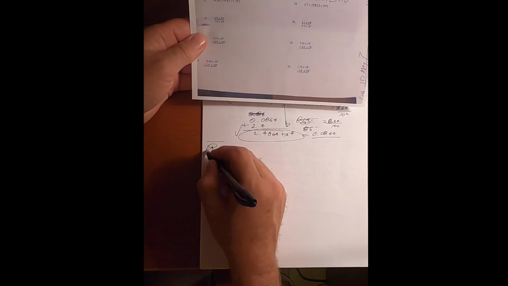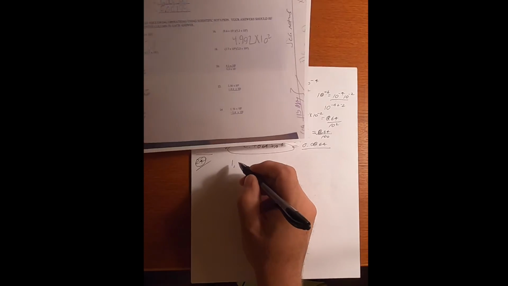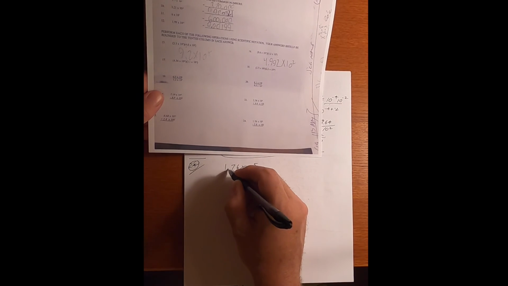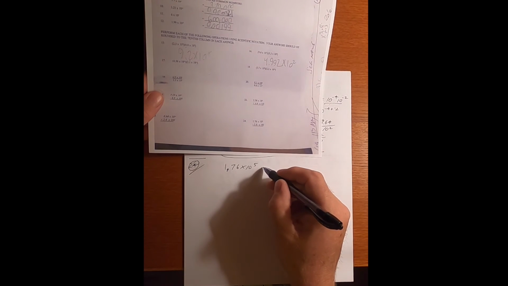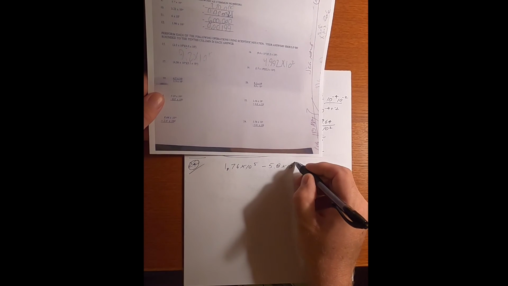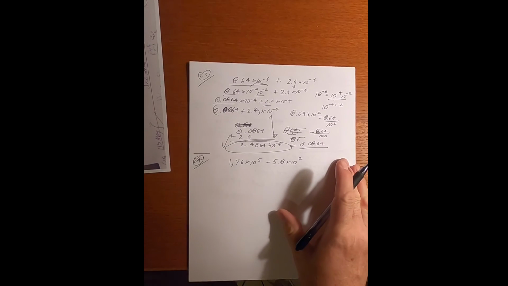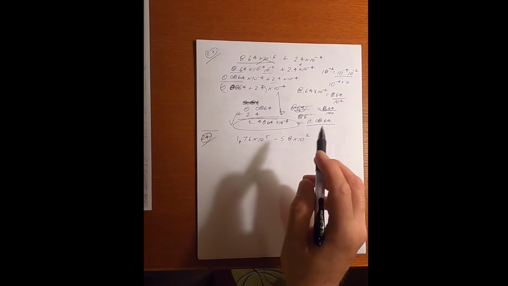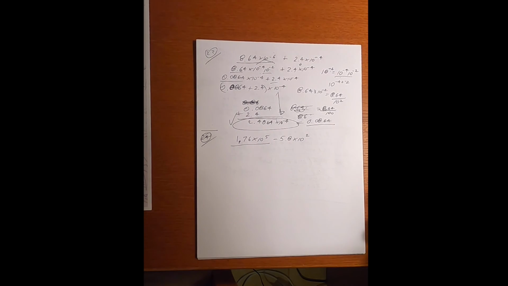I get 1.76 times 10 to the 5. Okay? And then I have minus 5.8 times 10 to the 2, it looks like. All right? So, well, what am I going to operate on? Well, I'm going to operate on this one for my choice.